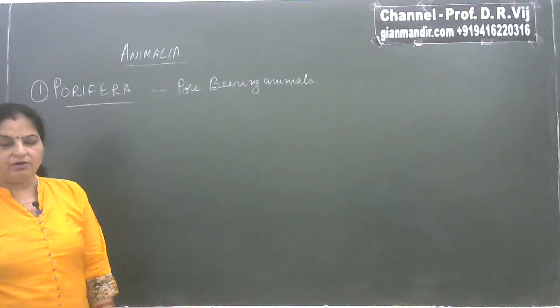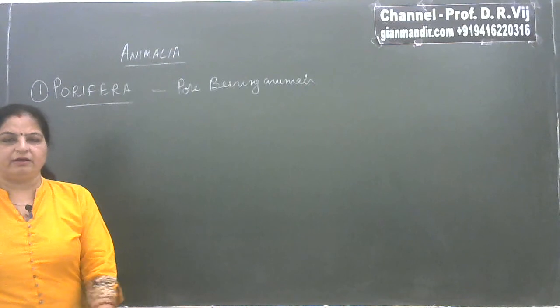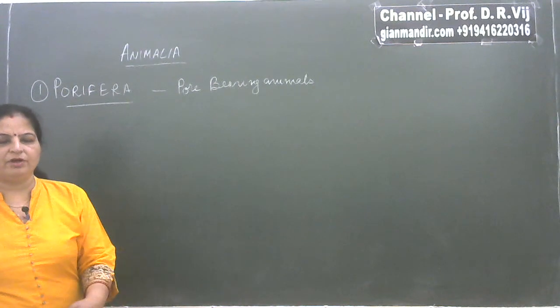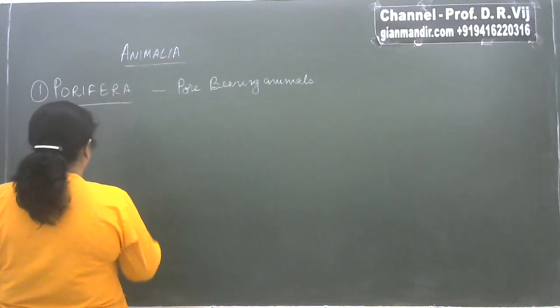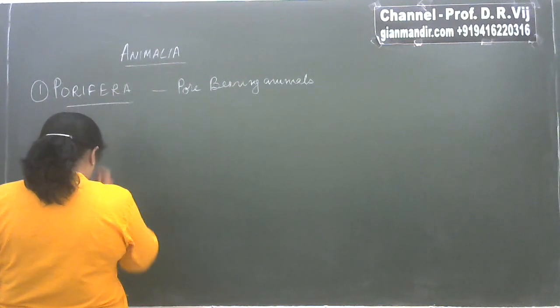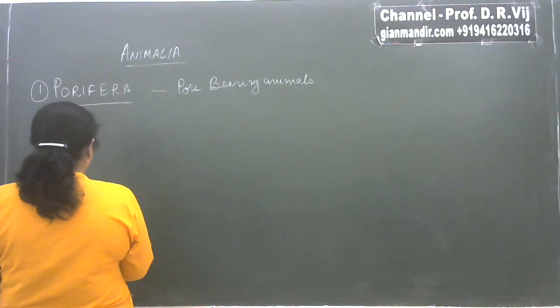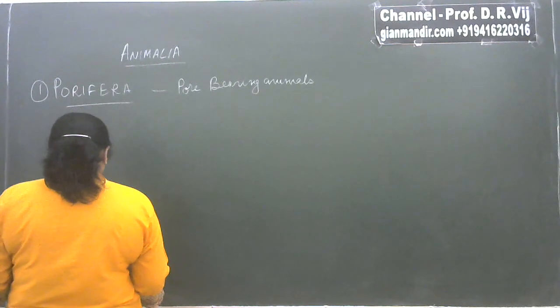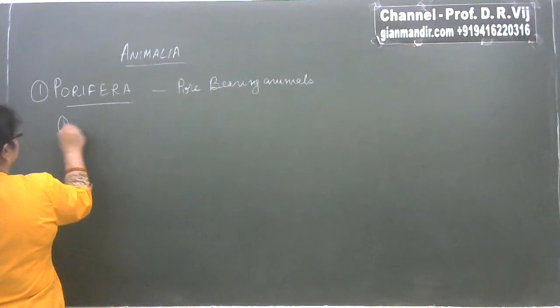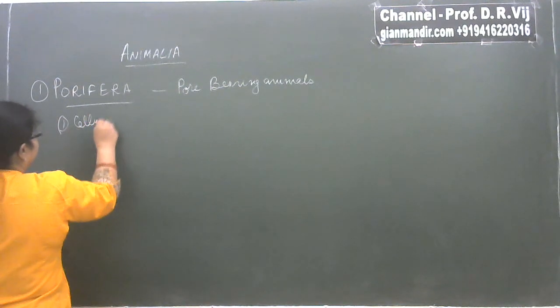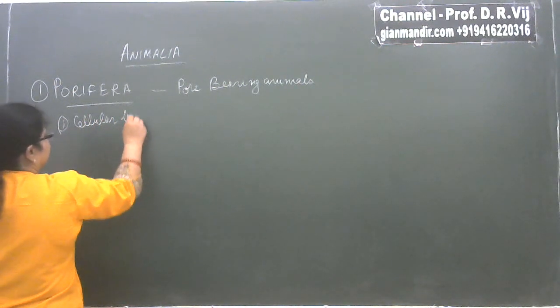So if you look at further characteristics of phylum Porifera, as I said, these are pore bearing animals having pores all over their body. Other than that, the other features of Porifera are that they have cellular level organization.